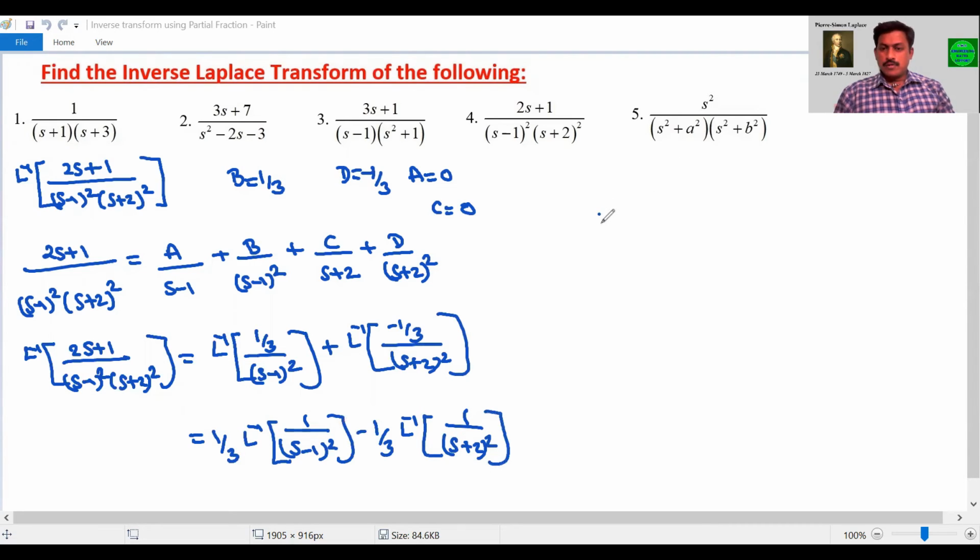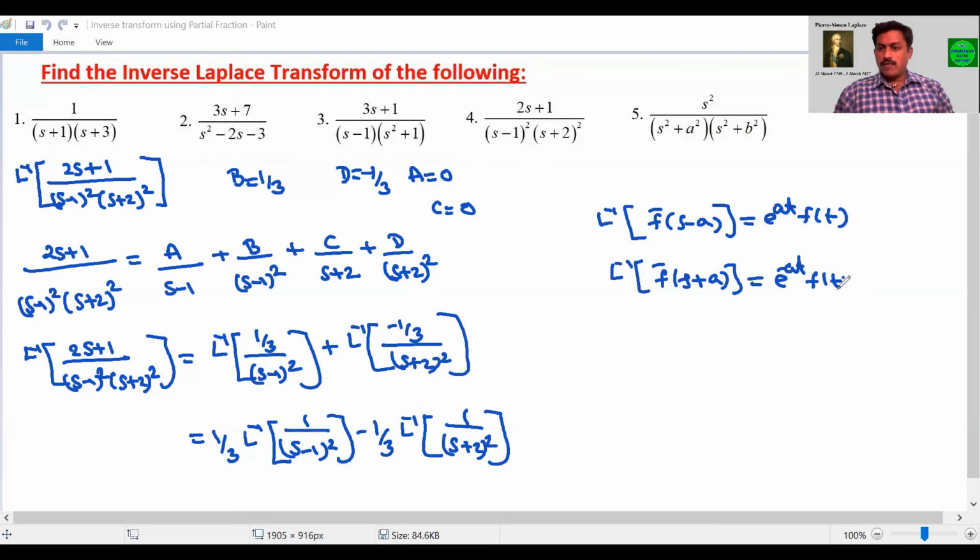If you observe these terms, it looks like L inverse of f bar of (s minus a), that is e power at into f of t, and another form is L inverse of f bar of (s plus a), that is equal to e power minus at into f of t. This f of t also can be written as e power at into L inverse of f bar of s, and here e power minus at into L inverse of f bar of s.